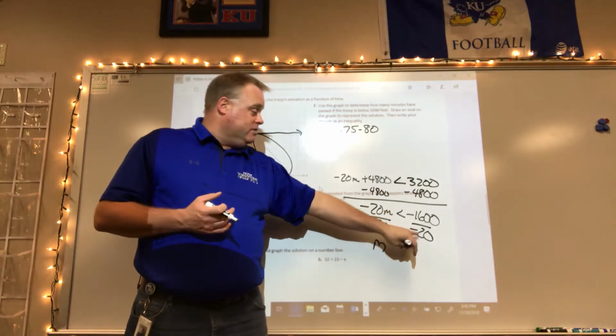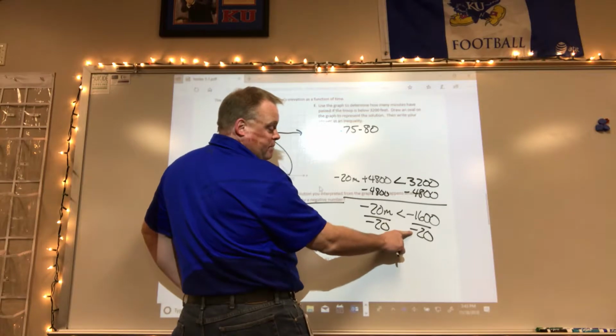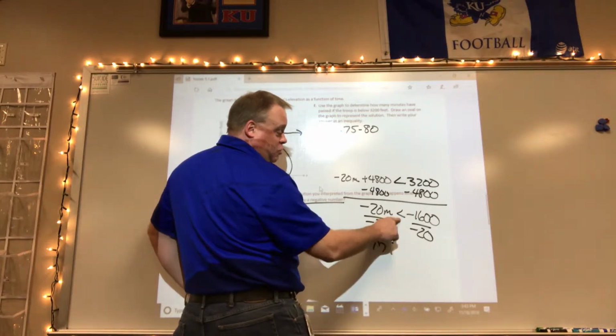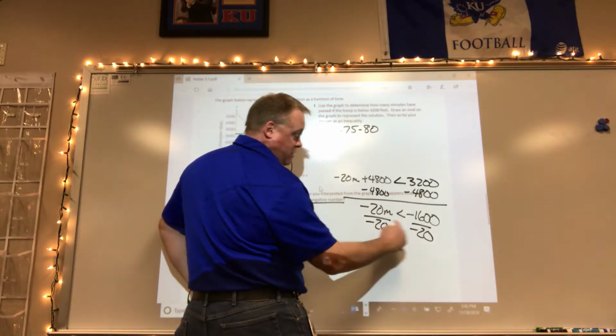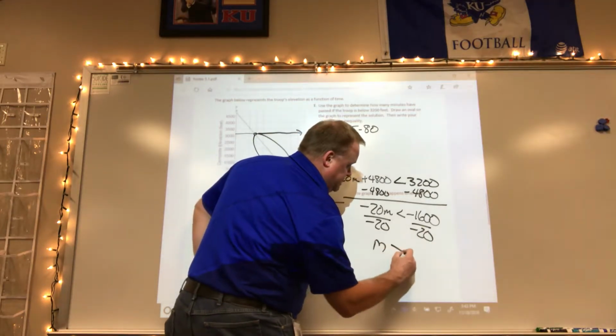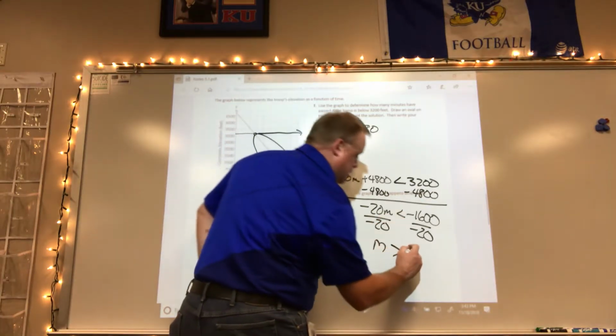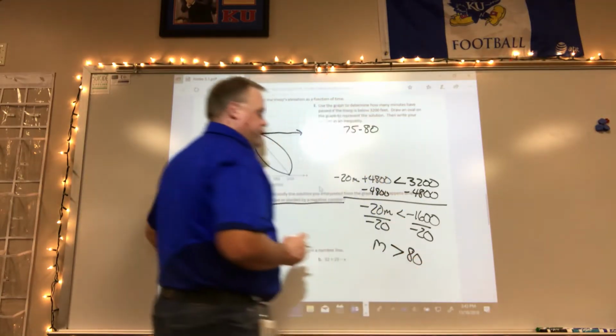Well, 1,600 divided by 20. I'm dividing by a negative across the inequality, meaning I divided by a negative here and I divided by a negative here. So therefore, this becomes a greater than sign. Less than becomes greater than. And there it is.